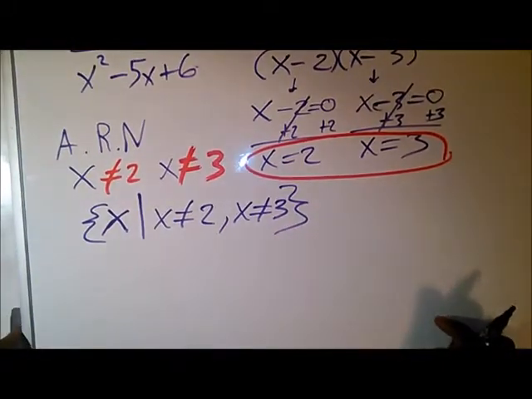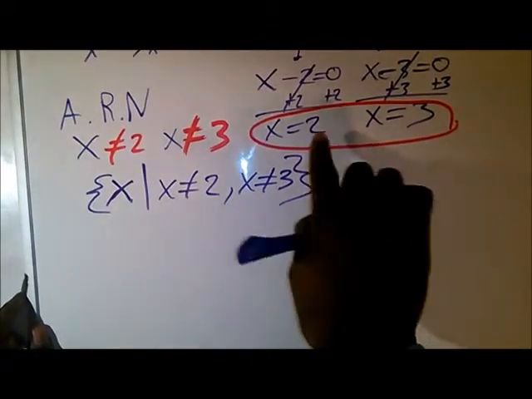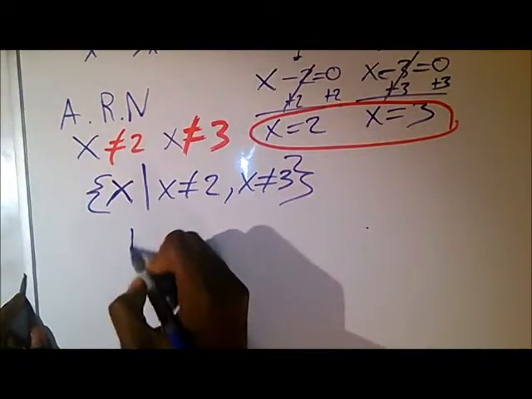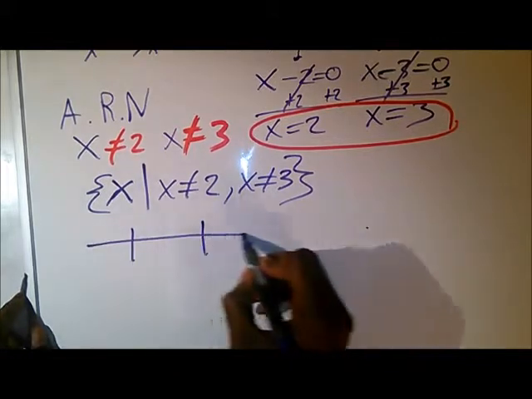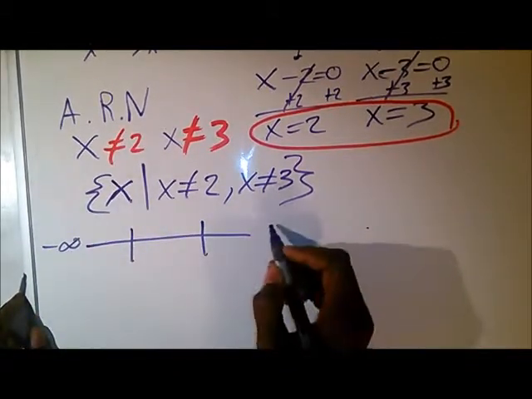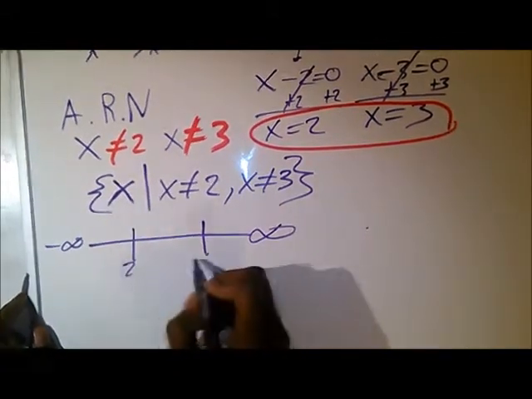Okay, that's set notation. For interval notation, you take these two numbers here. I like to draw this to help you. That's negative infinity, that's positive infinity, that's 2, that's 3.